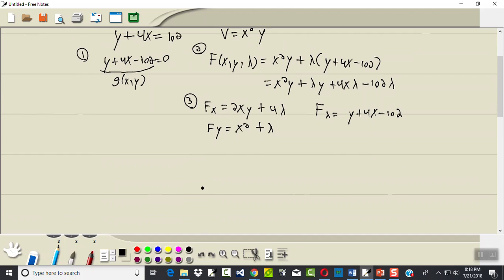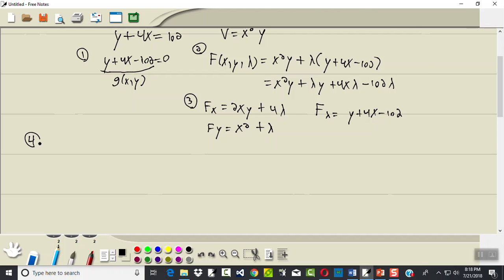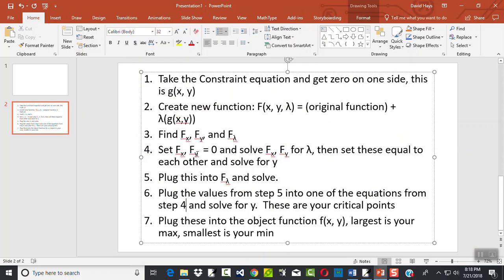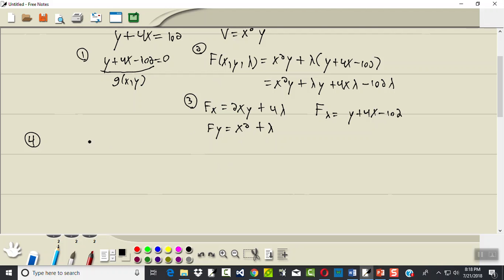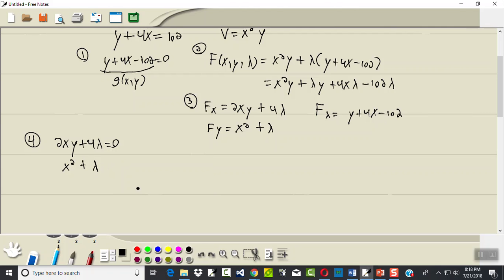Okay. Step 4. I set partial with respect to x, partial with respect to y equal to 0 and solve them. So I got 2xy plus 4 lambda equal to 0. And here I'm going to have x squared plus lambda equal to 0.